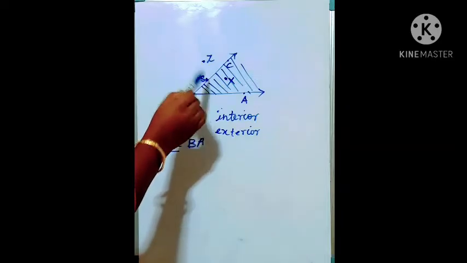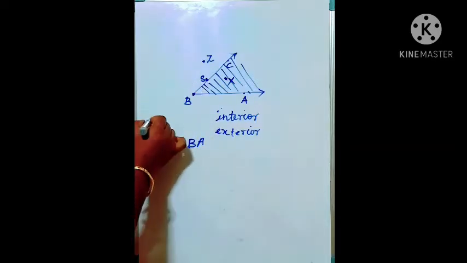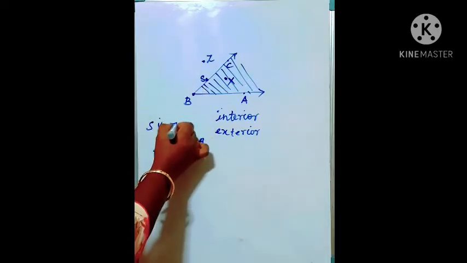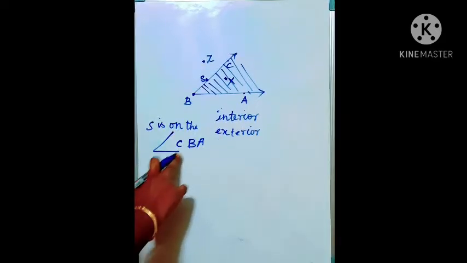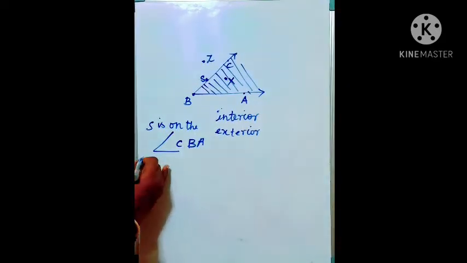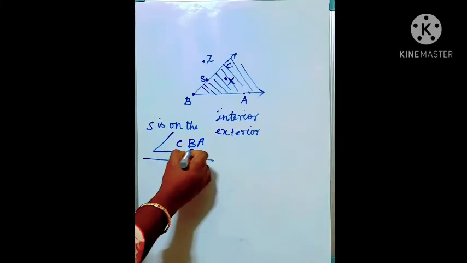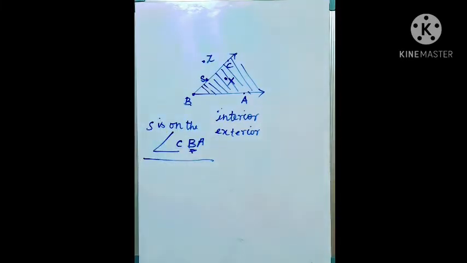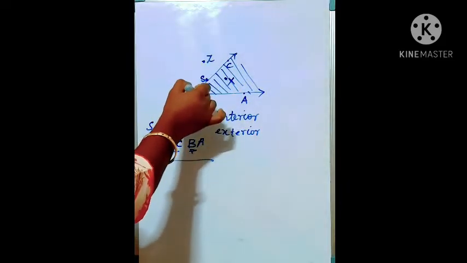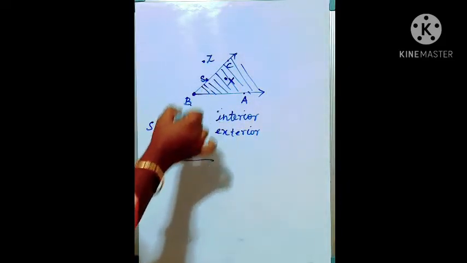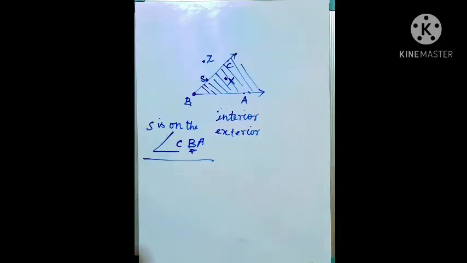And the point S is on the angle CBA. How to read this? Angle CBA. B should be in the middle. Understand? The vertex which makes the angle should be written in the middle. Is it clear? Fine.